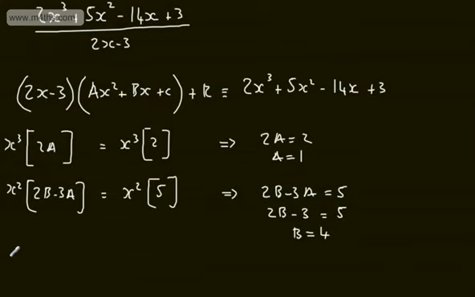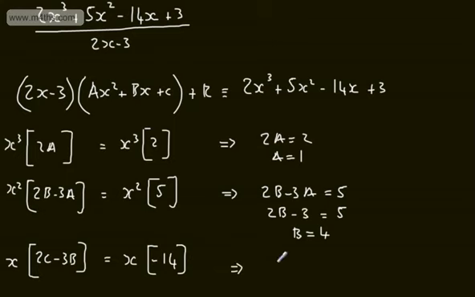If we went for terms in x, let's look at the terms in x. We're going to have now the following. Minus 3, so we've got minus 3b, and then we're going to have 2c. So we could say 2c minus 3b, and if we look at terms in x over here, we've got minus 14x. So x, and then we're going to have minus 14. Okay, so at this stage, what we could say now is the following.